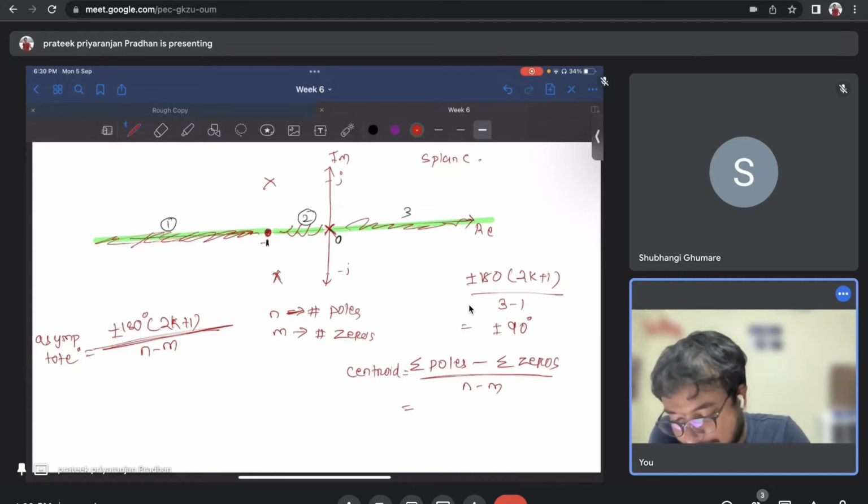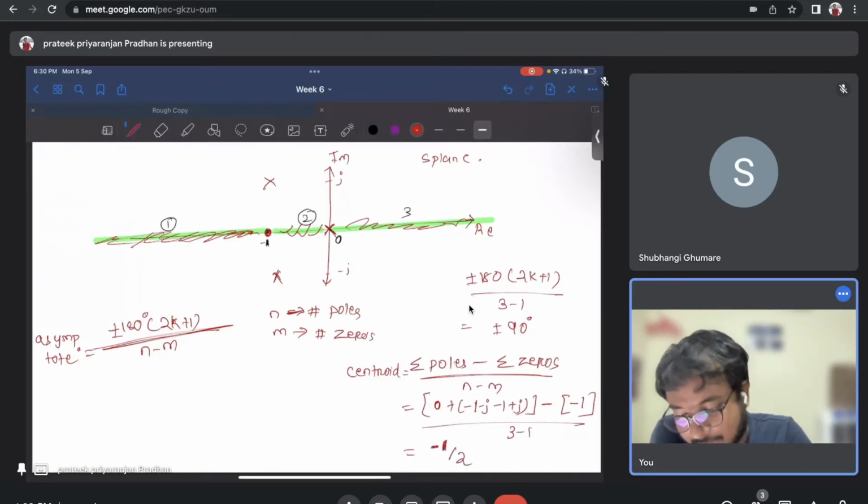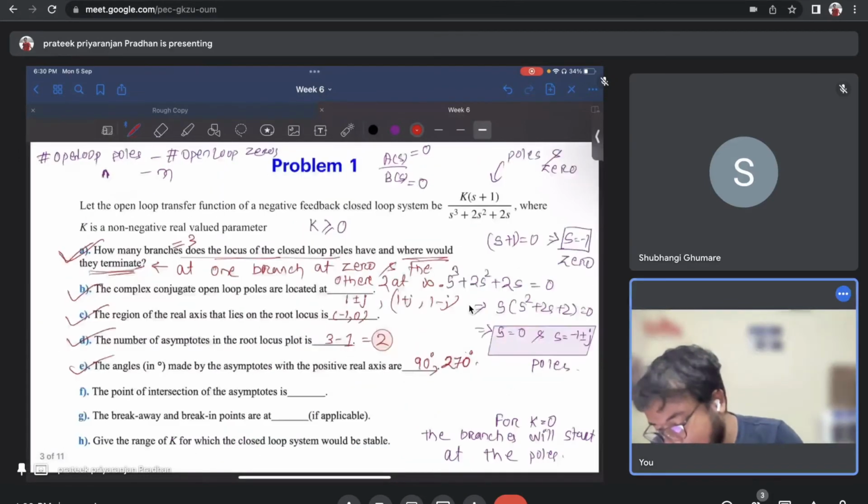The sum of poles is 0 plus 1 minus j plus 1 plus j, minus the sum of zeros. My zero is at minus 1. So divided by 3 minus 1, this will come to 1 by 2. You can verify this. So the answer will be 0.5.